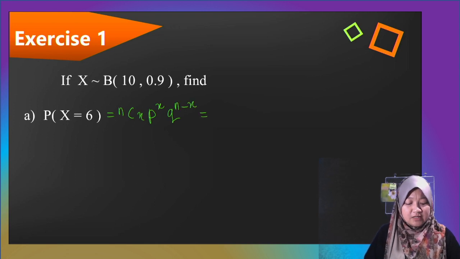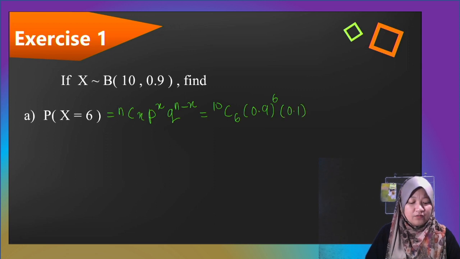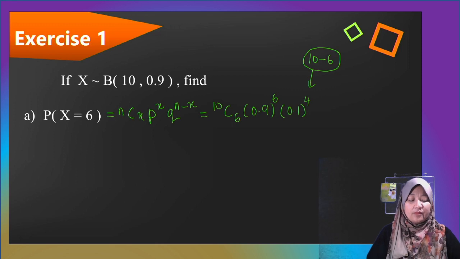So n here is 10, x is 6, p is 0.9, power of 6, q is 0.1, power of 4. Now 4 is 10 minus 6. Okay, and calculate. We have 0.01116.